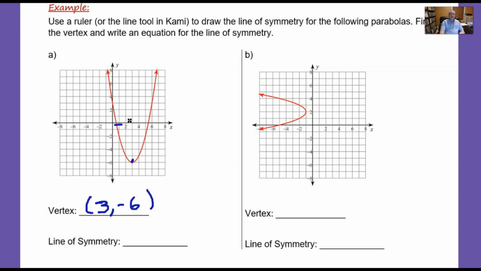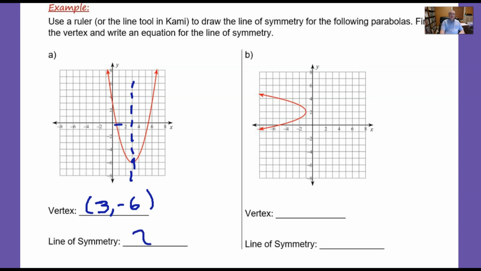And the line of symmetry always goes right through the vertex. So in this case, the line of symmetry is a vertical line, which I drew sloppily, but if you notice, every point in this line has x-coordinate 3. It's a vertical line that goes through 3 on the x-axis.